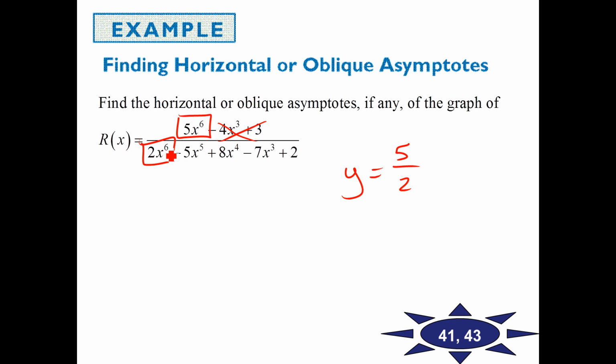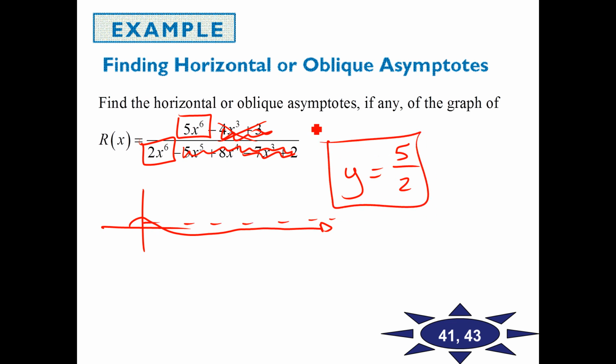Same thing here. To the 6th is so much bigger than to the 5th when x is really large that these parts don't matter at all. And remember, the asymptote horizontally is what happens as x gets really, really big out in this direction. Alright, so we divide the coefficients of the leading terms. Try problem 41 and 43.